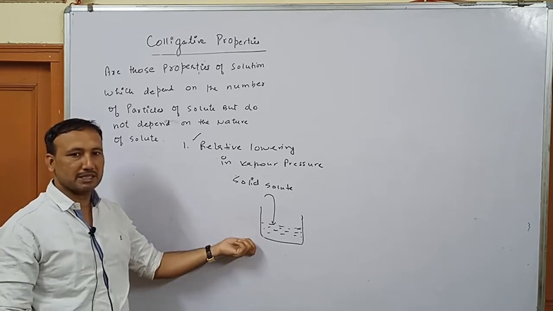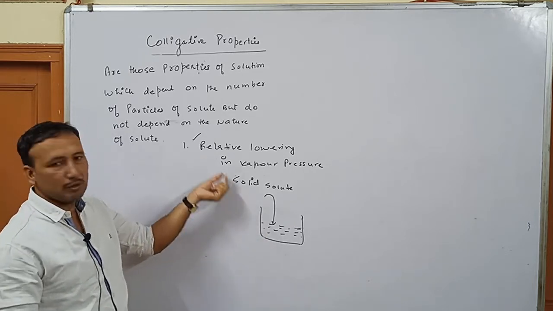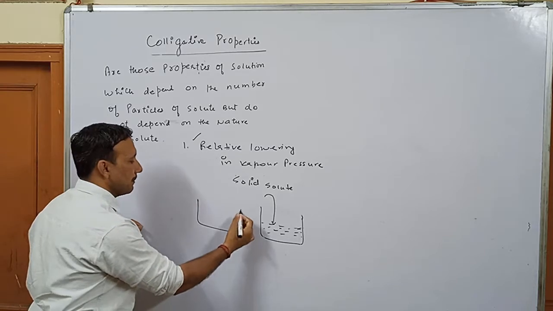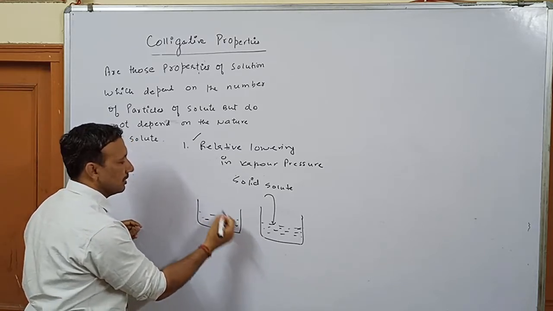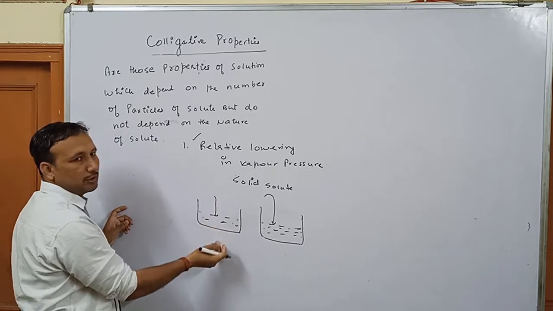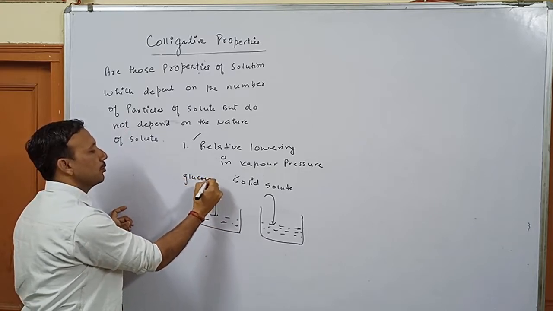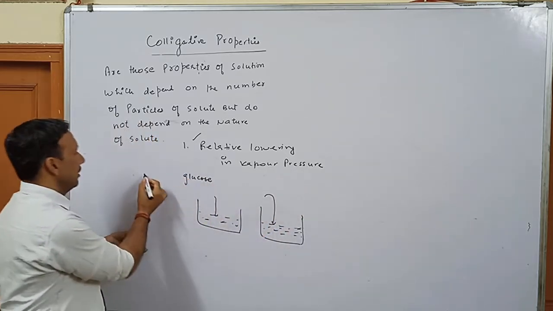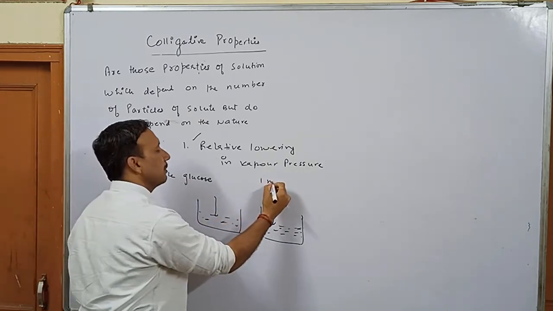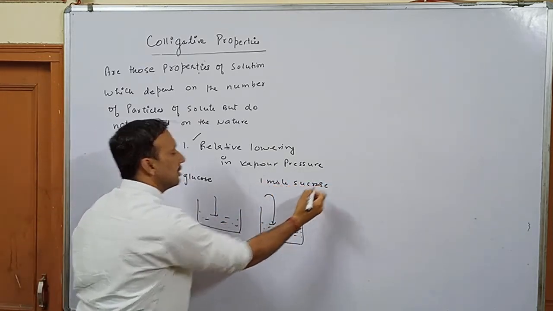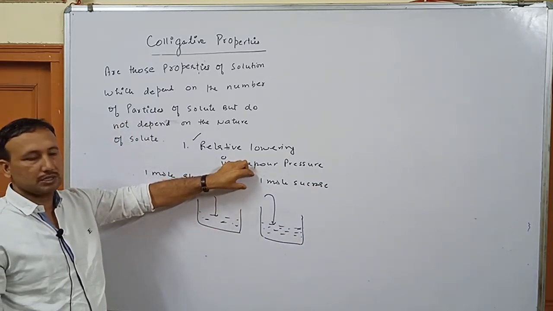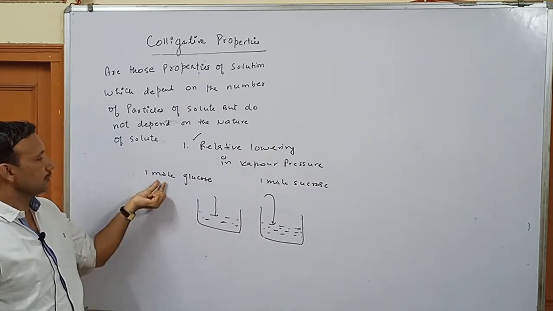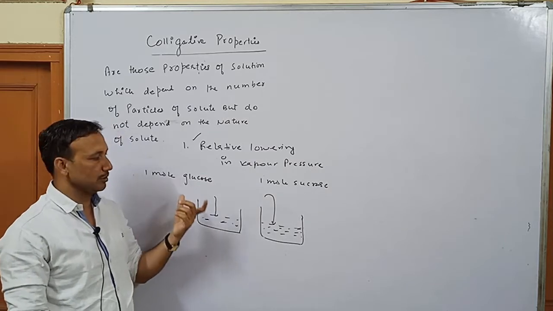The decrease in vapor pressure will depend on the number of particles of solute in solution but not upon the nature. Suppose there are two liquid solutions. In one solution, 1 mole of glucose is dissolved in a definite amount of solvent, and in another solution, 1 mole of sucrose is dissolved.